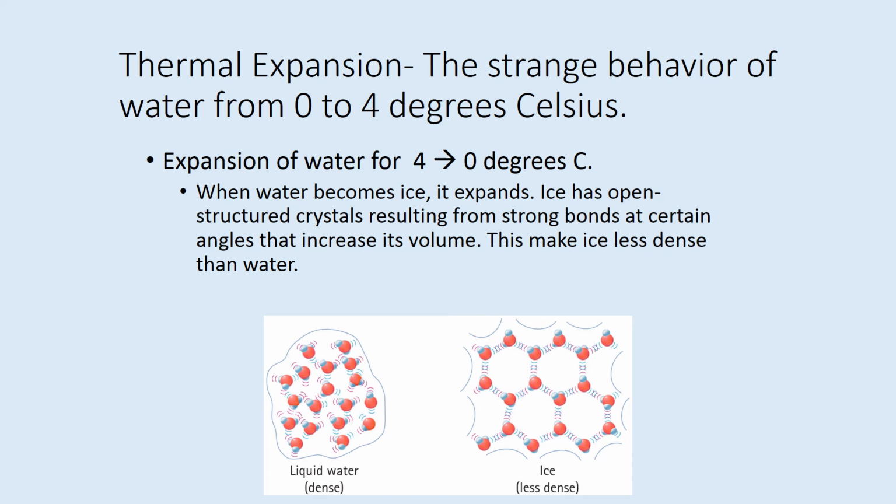Generally speaking, without going into too much detail, when water becomes ice, it expands, and ice has open structured crystals resulting from strong bonds at certain angles that cause its volume to increase just before it freezes. So you see here that in the liquid state, the molecules are very close together when it's above 4 degrees, but as it cools down, there is this increased distance between the molecules, which lowers its density.